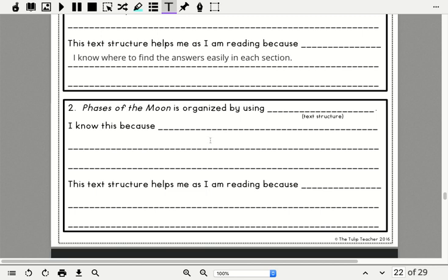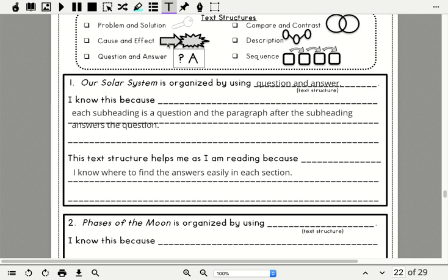Okay. Actually, let's come up here so we can see. The problem is solution. It doesn't state a problem, so there's no solution to be had. Cause and effect. I don't know that it gives me a cause of something. Question and answer. I don't see questions like I did on our solar system. Then we have compare and contrast.